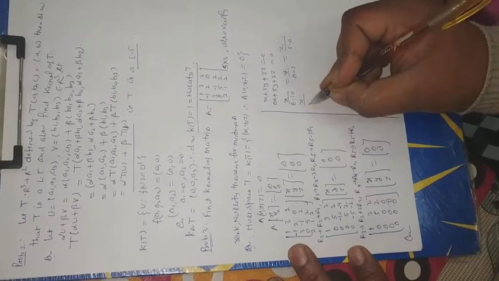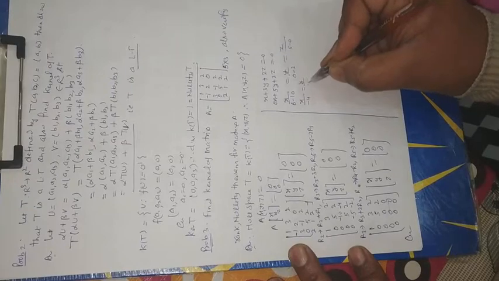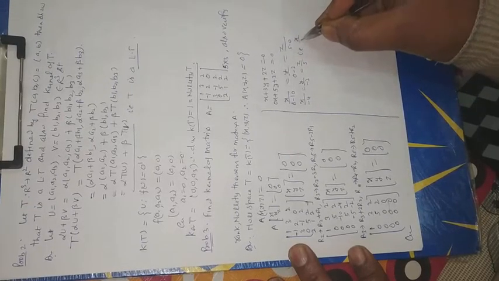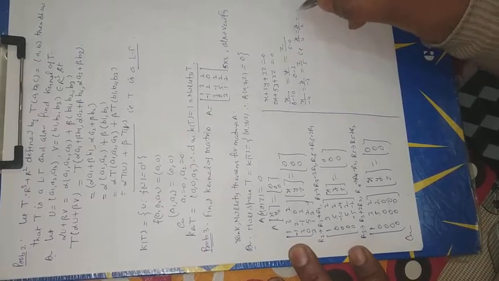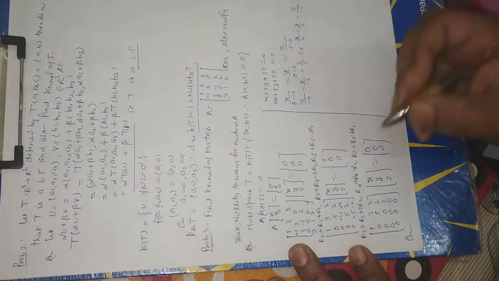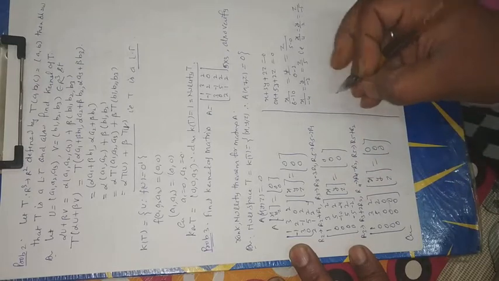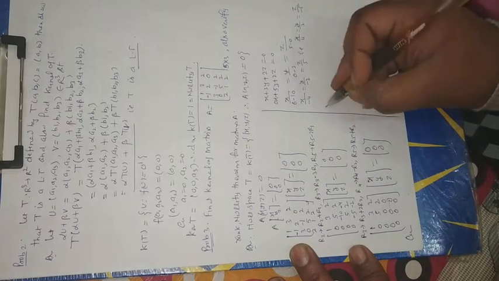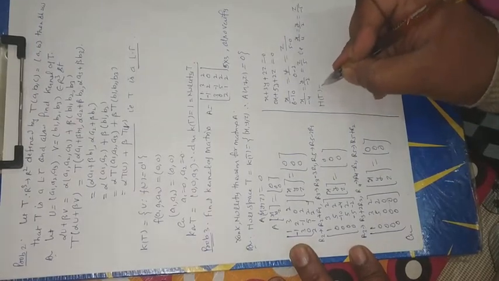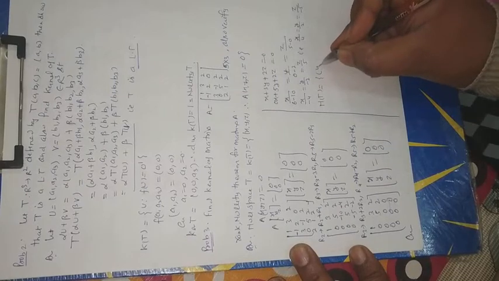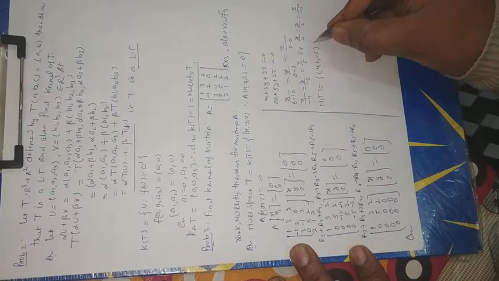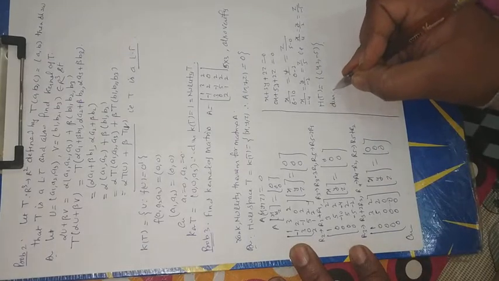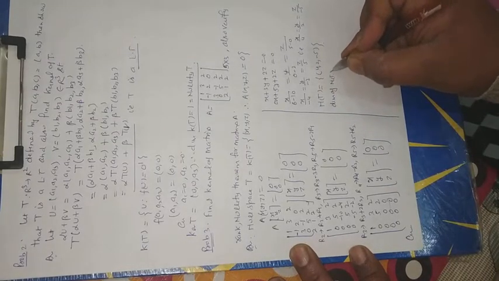Now x upon minus 4, y upon minus 2, z upon 5, that is x upon 4, y upon 2, z upon minus 5. Okay. The null space of T, that is N(T), is equal to (4, 2, minus 5). The dimension of N(T) is equal to 1.